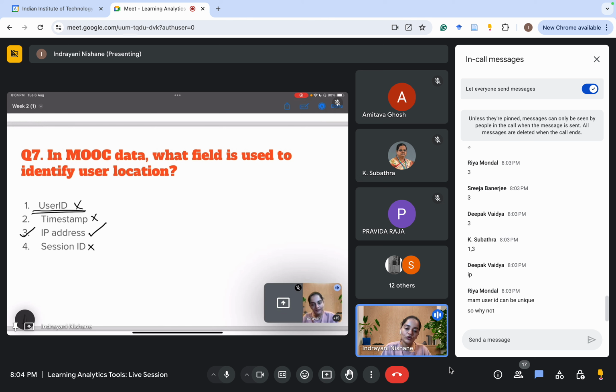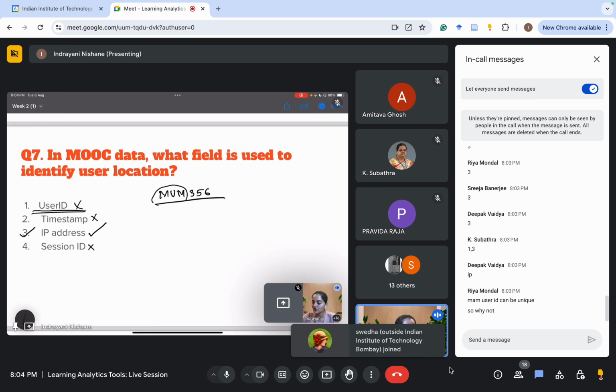Yes, it can be unique, so why not? Ria is asking why user ID is not, because it could be a specialized number. For example, right now I'm sitting in Mumbai, so MUM could indicate a user from Mumbai, and I'm user 356. So this could be my unique user ID, which can give information about Mumbai.